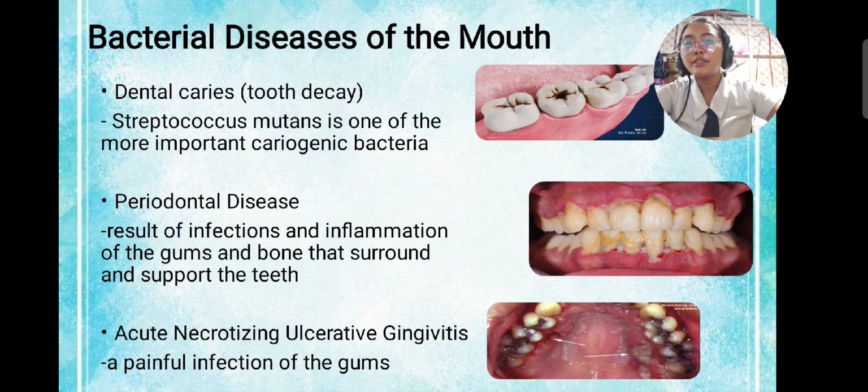It is a painful infection of the gums. If normal bacteria in the mouth overgrow, the gums can become infected, the gums hurt, and people sometimes have extremely bad breath. It occurs most frequently in smokers and debilitated patients who are under stress.